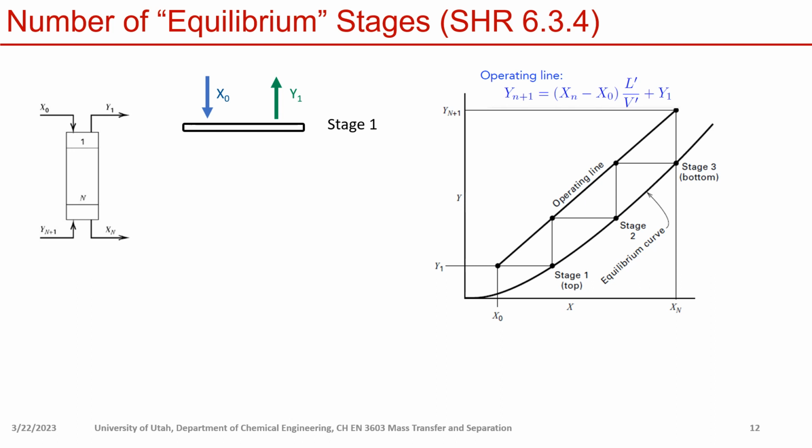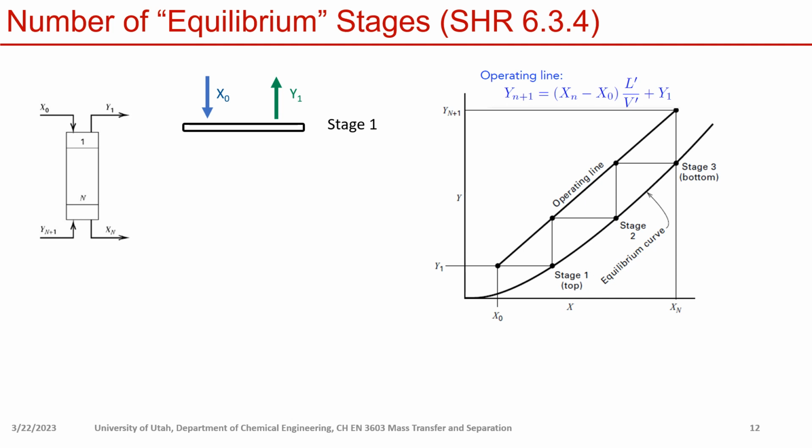So we have the absorption tower here and stage 1, right? We know the composition of the liquid absorbent coming in. We know y1 is our desired separation outcome, right? That's the composition of the exiting gas phase. We also know yn plus 1, okay? And from equilibrium data, we can get the equilibrium curve. And once we specify the liquid flow rate, L prime, then we can draw an operating line, right?